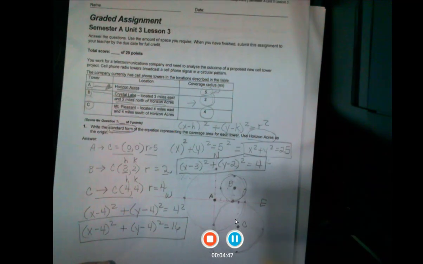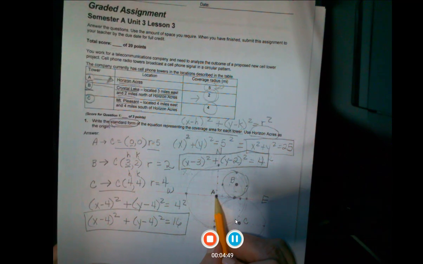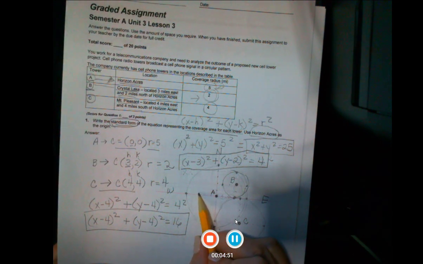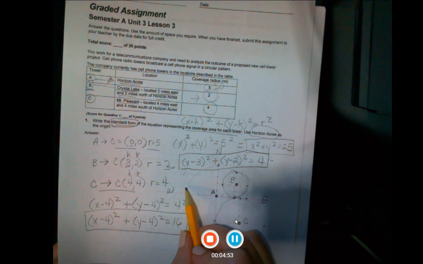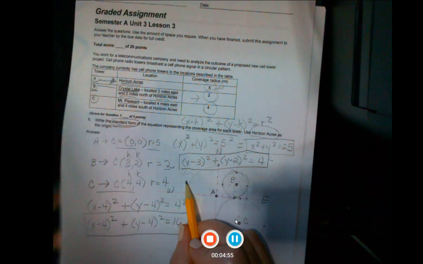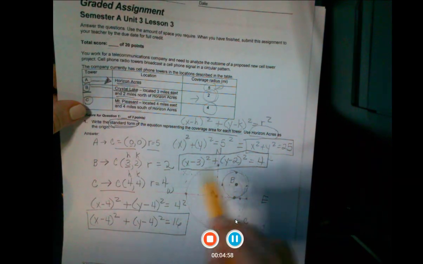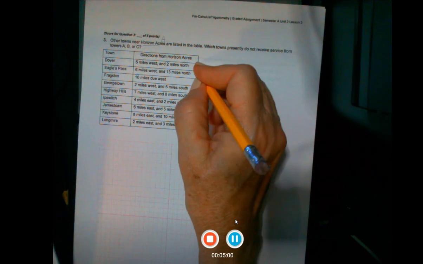All right, so town Dover is 5 miles west and 2 miles north. 5 miles west, 1, 2, 3, 4, 5, and 2 miles north. And I can see I can scratch it off my list in any of those circles. So Dover, no. You could also bring your graph here. Do that. Let me just flip that over like this.